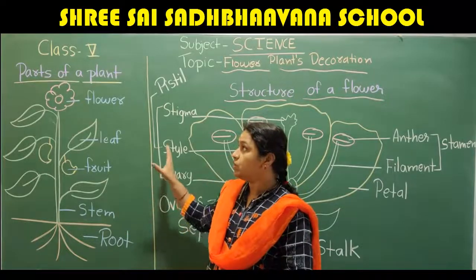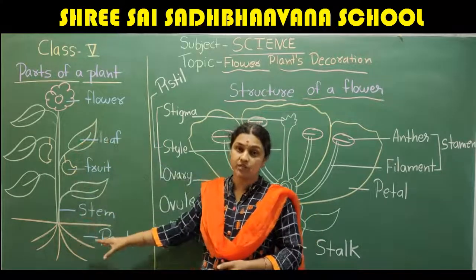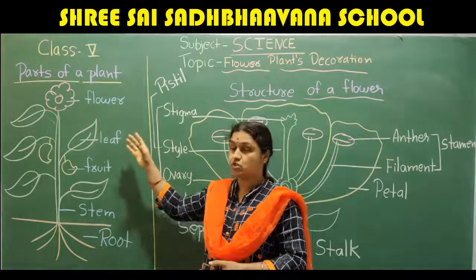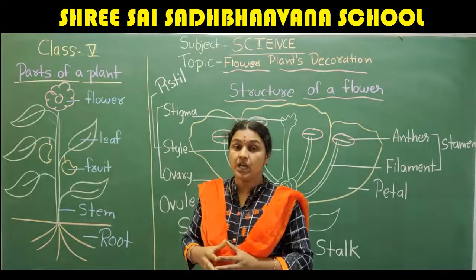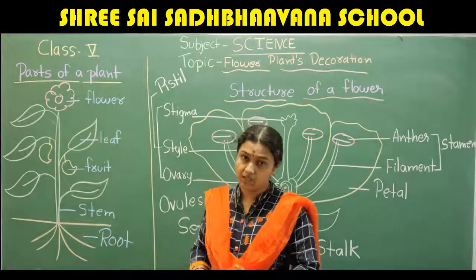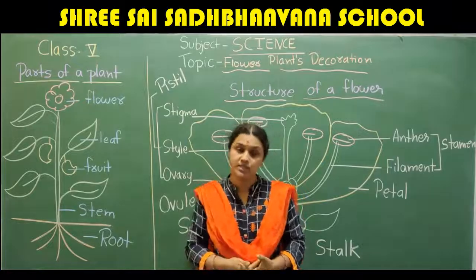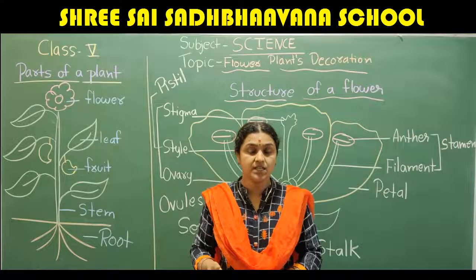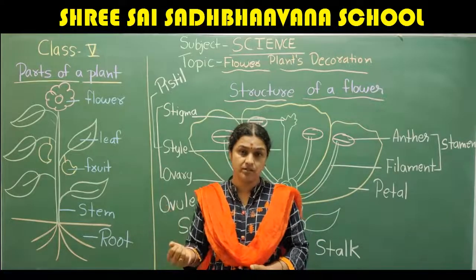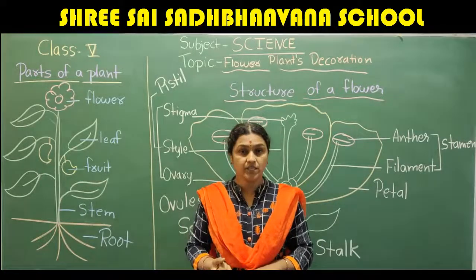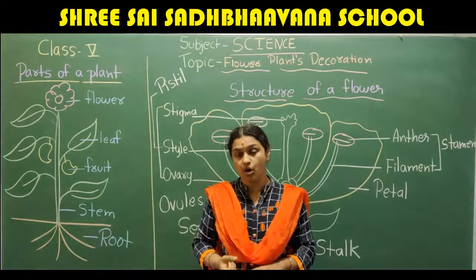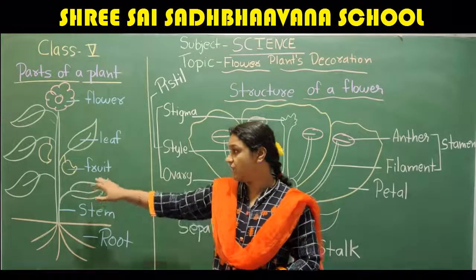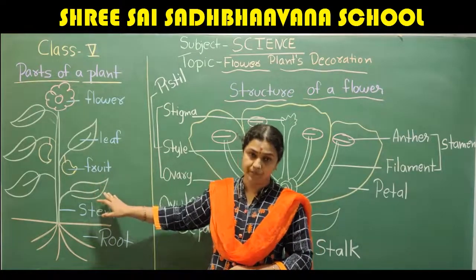So I hope you all understood the parts of the plant, children, and the uses of the parts. The process by which the plant prepares food is called photosynthesis. Photo means sunlight, synthesis means putting together. So with sunlight, carbon dioxide and water together, the leaf prepares the food.